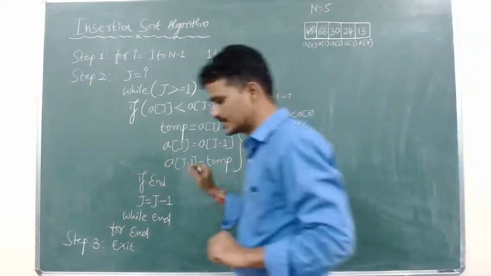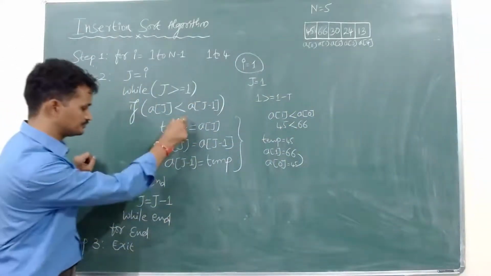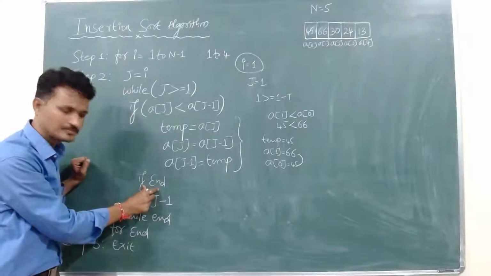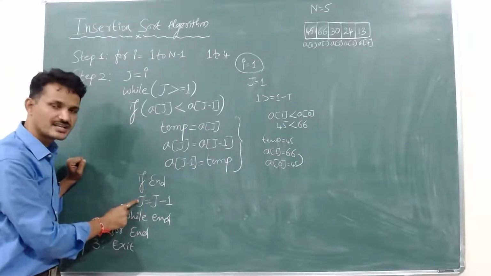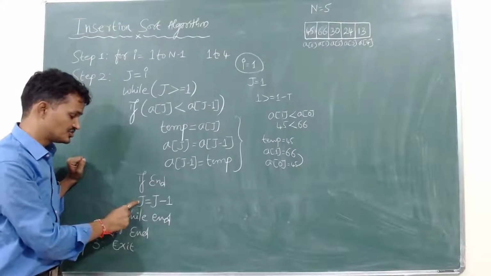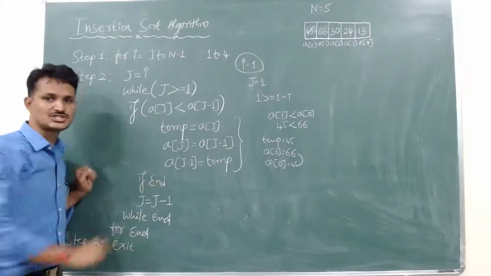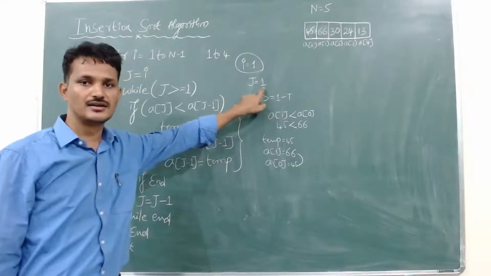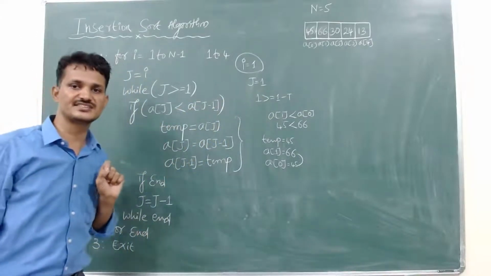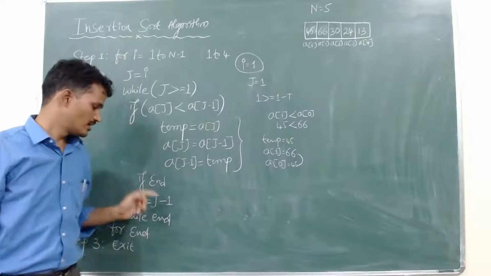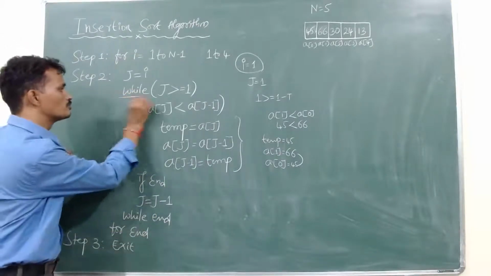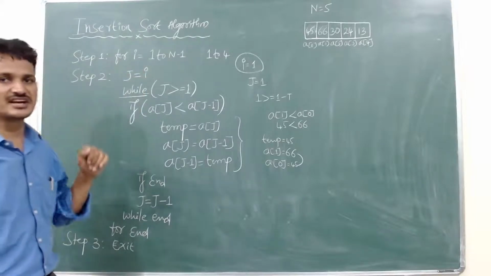So after executing these three statements, the if condition ends here. And the next statement is again an assignment statement, j is equal to j minus 1. What is the value of j? 1. 1 minus 1 is 0. So again it goes to the while loop to check the condition.